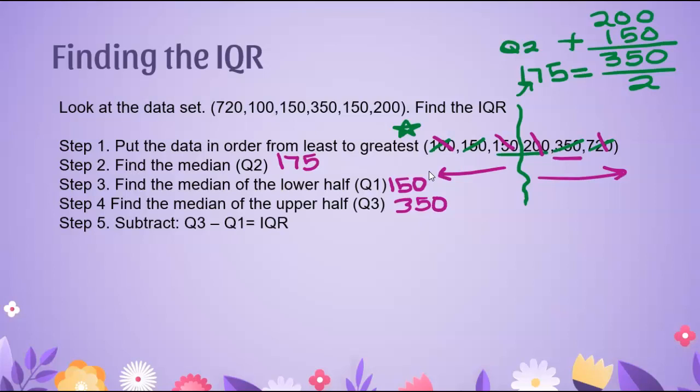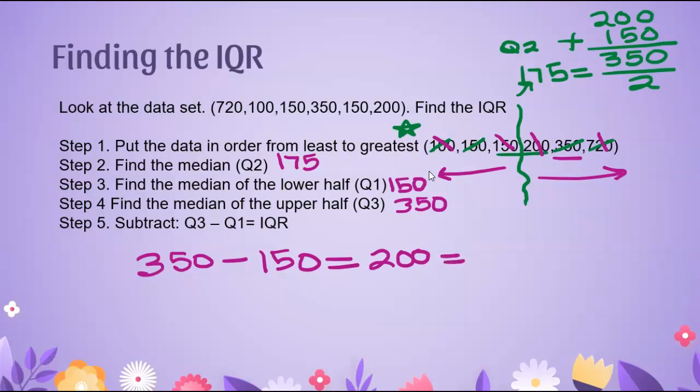Now to find the IQR, or the interquartile range, we're going to subtract these two numbers. Q3 is 350, and we're going to subtract 150, and we're going to get 200.